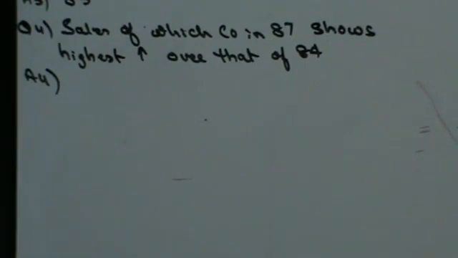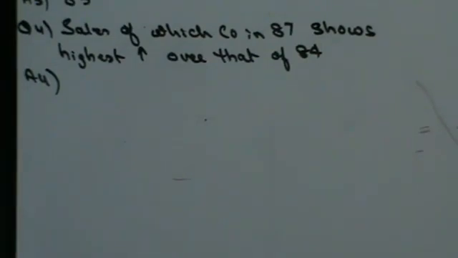Company 3, 910 minus 620, so this is going to be 290. Company 4, 685 to 800, so it's 100 and something. Company 5, 980 minus 735, so this is going to be 250.